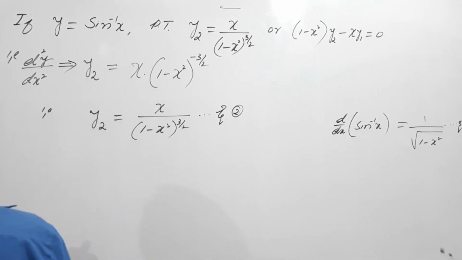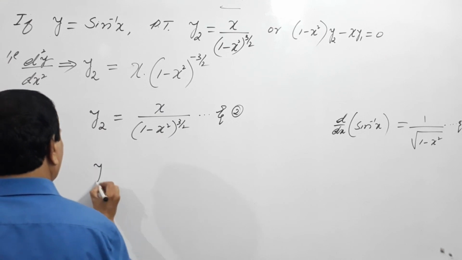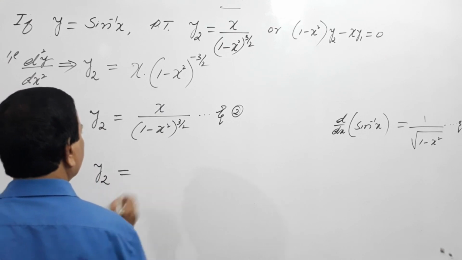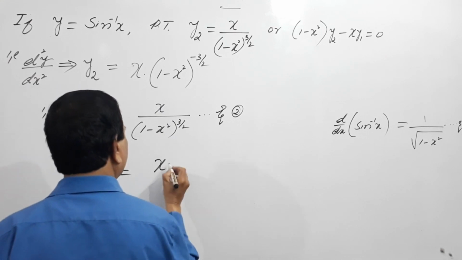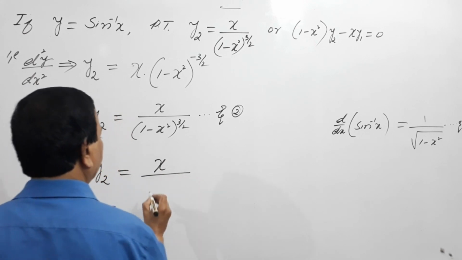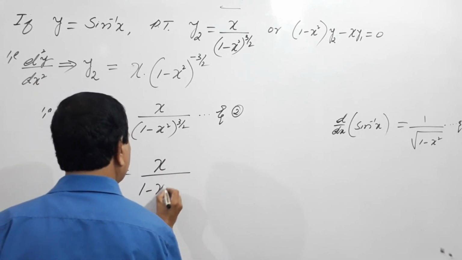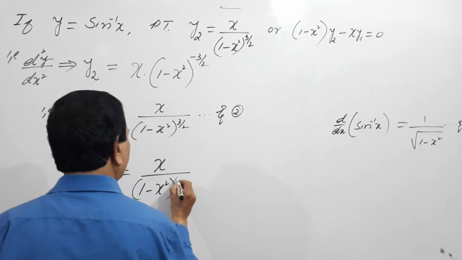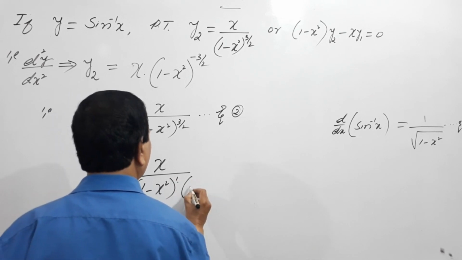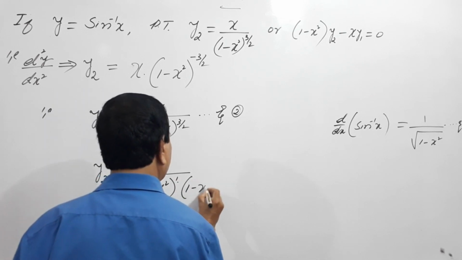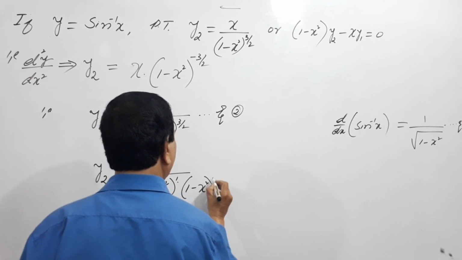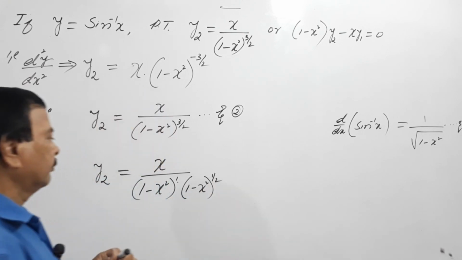So I'll write this: y2 equals x divided by 1 minus x square to the power of 1, into 1 minus x square to the power of half.